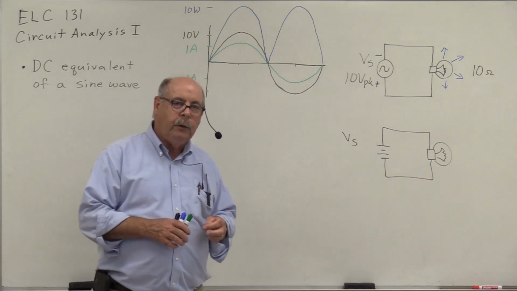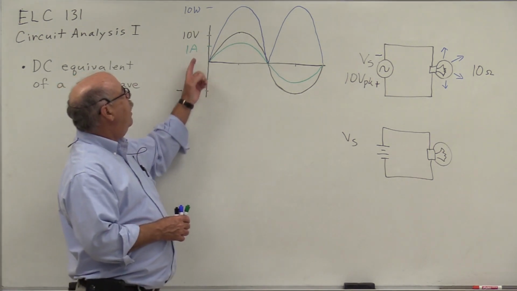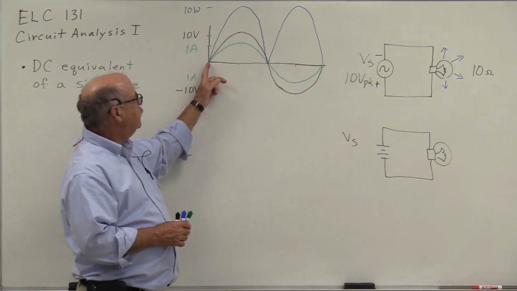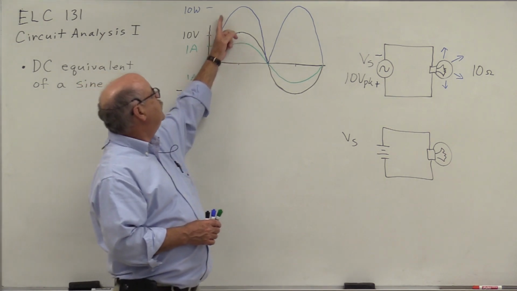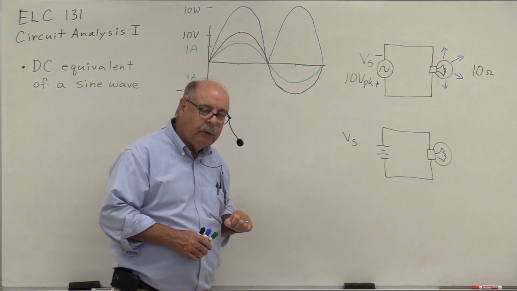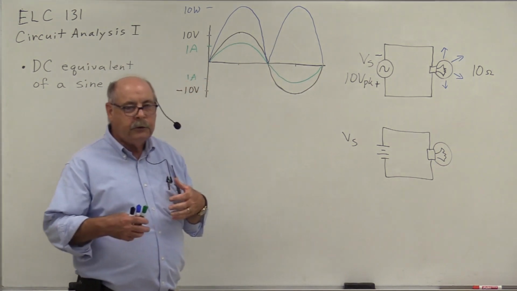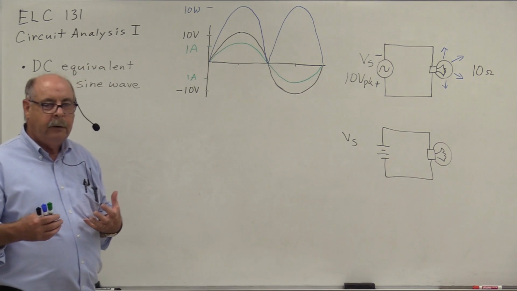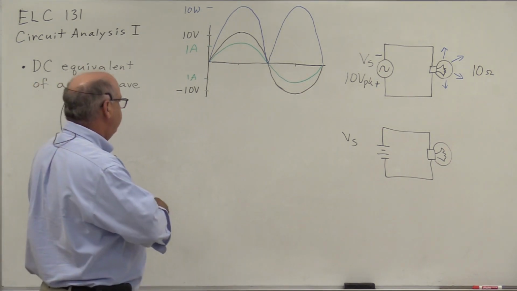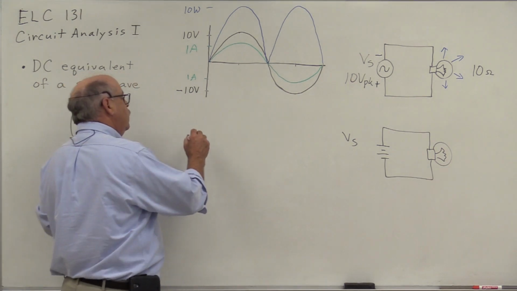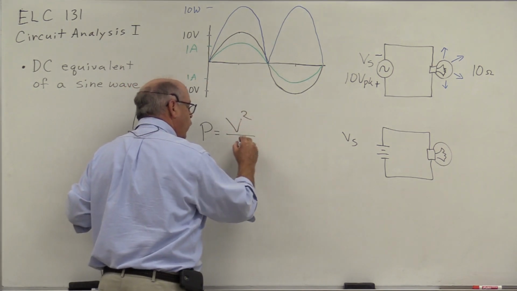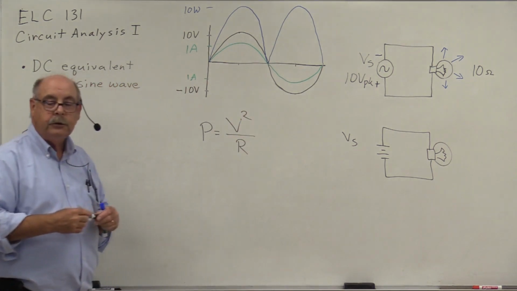Now, what we have to do is think about the power dissipated in this bulb. And note, looking at the sketch, the power starts at 0. It goes up to 10 watts. It goes back to 0. It goes up to 10 watts. It goes back to 0. But in order to determine the average power, what we have to do is actually find the square of the voltage.